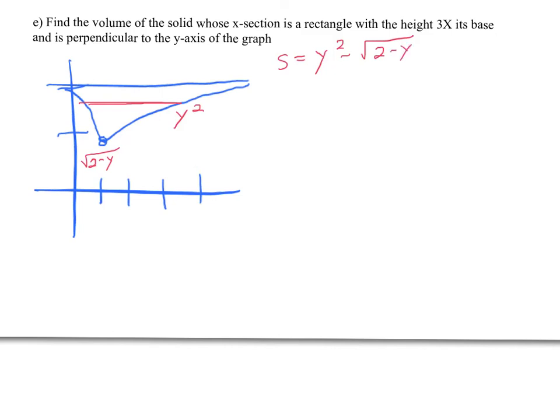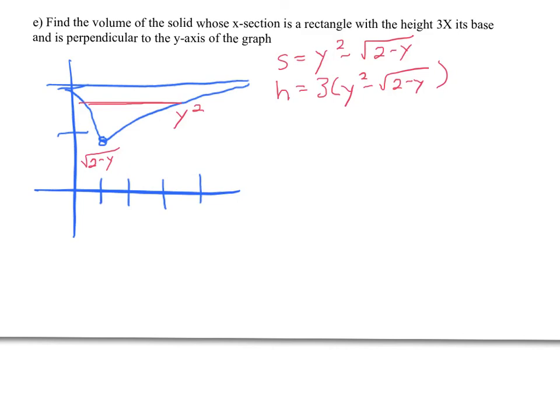And so now if I know that that is the side of my rectangle and the height of my rectangle is 3 times the base, the height is going to be 3 times y squared minus the square root of 2 minus y. The width of my rectangle will just be dy.